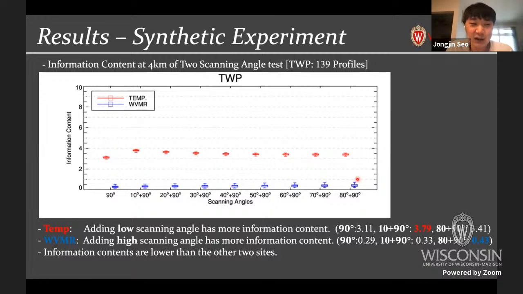And this is from the TWP site, and there are also the same results as the NSA and SGP sites. Adding low scanning angles have more information of temperature, and adding high scanning angles have more information on water vapor mixing ratio. But the information content is much lower than the other two sites because the TWP site has very humid conditions.